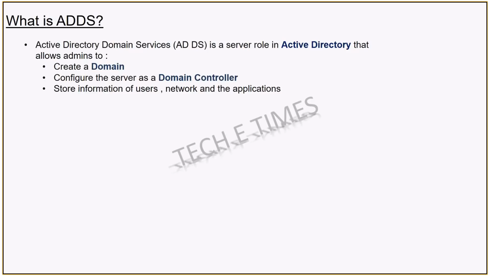And since it is controlling the domain, hence we call it the domain controller. What does it do? It maintains information of all users, for example, the username, password. It maintains or saves data about various applications. All possible data can be saved within the domain controller, or you may say within the server.